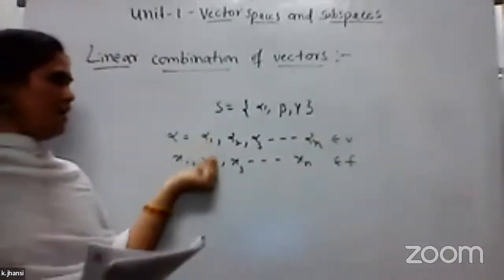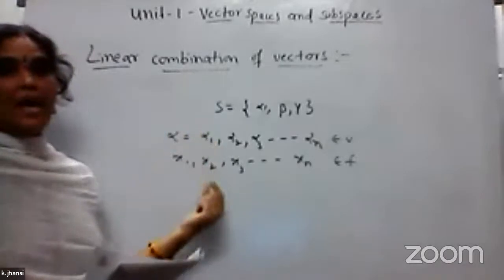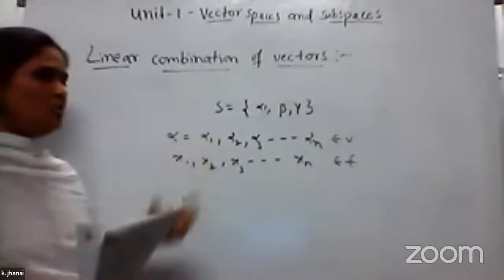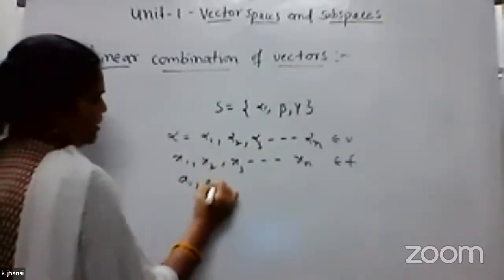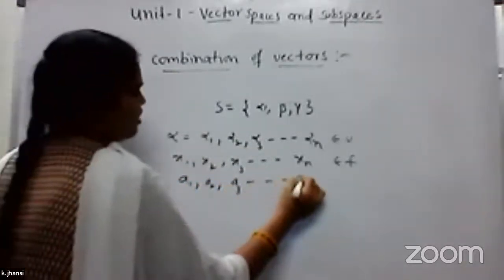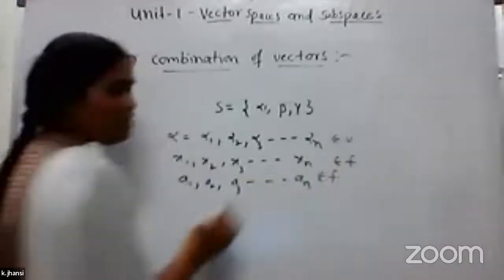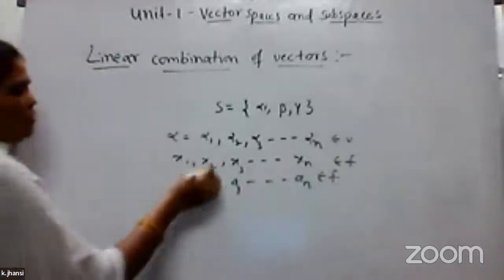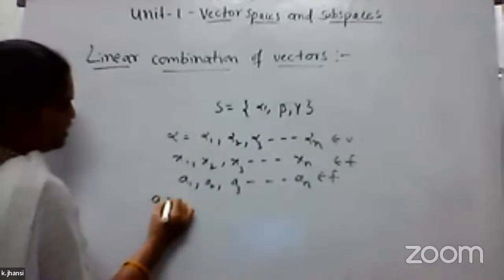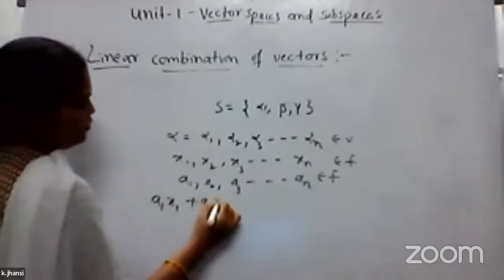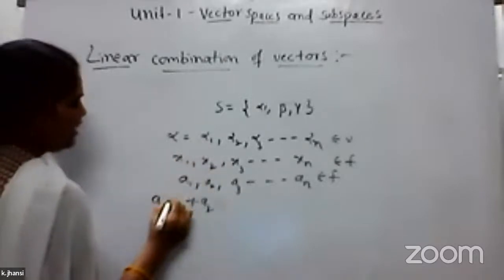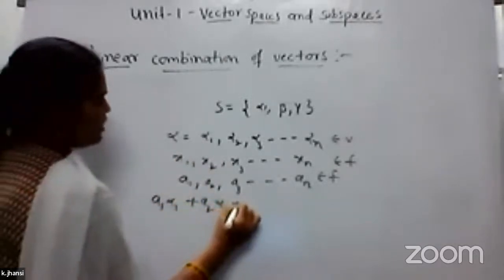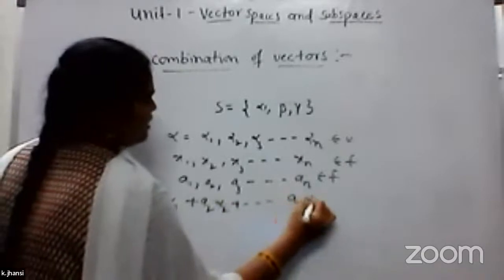When you do the scalar multiplication of these two, you can take a1, a2, a3, so on up to an belonging to F. When you take the combination, that is a1 alpha 1, a2 alpha 2, so on up till an alpha n.